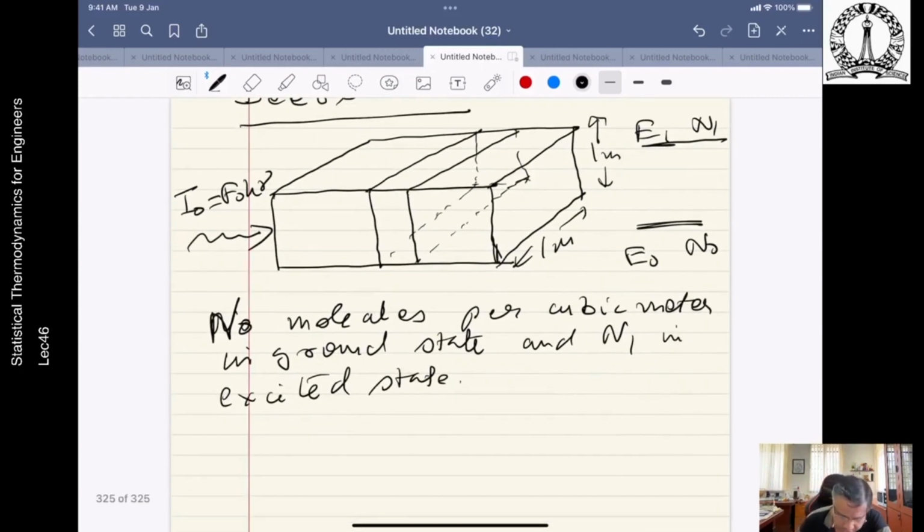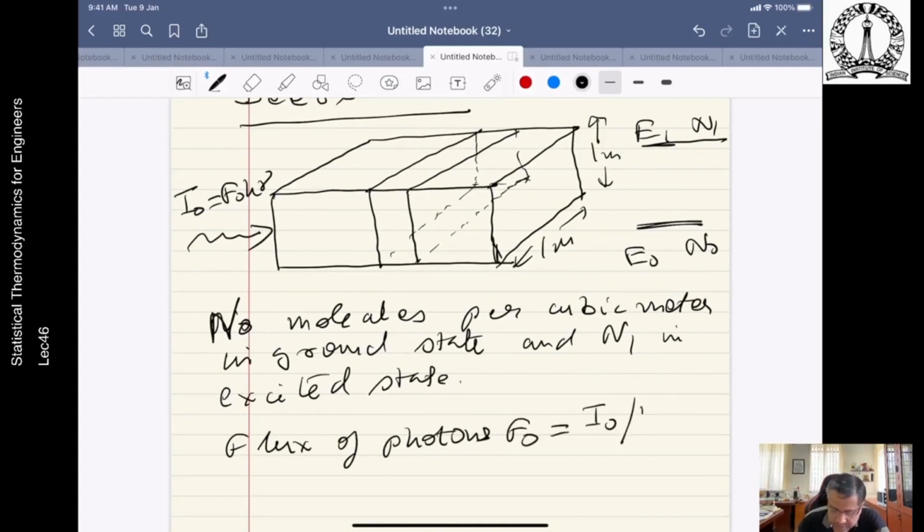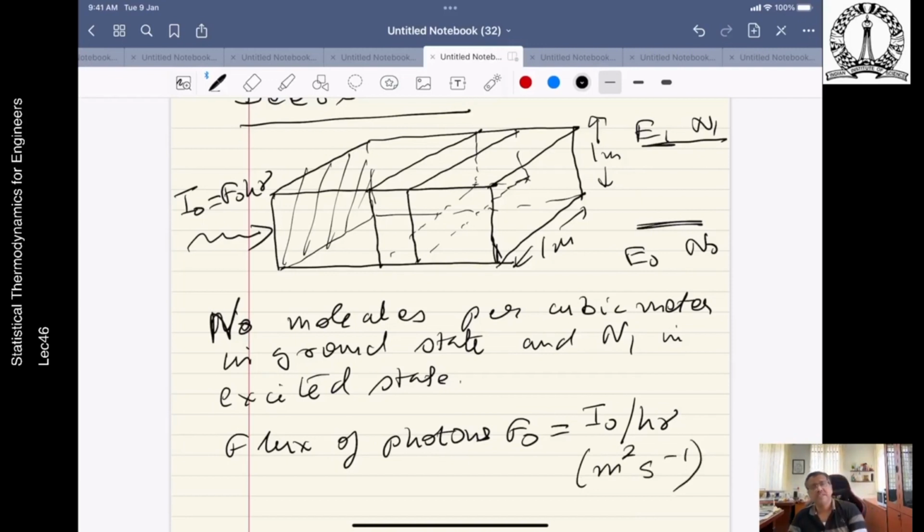There is a flux of photons, given as F0 equal to I0 by h nu, incident on the left face of the cube. This flux is in units of per square meter per second, and it is incident upon the left face.